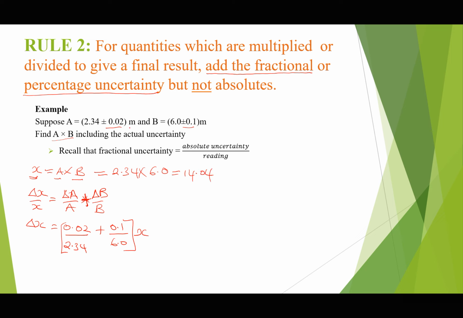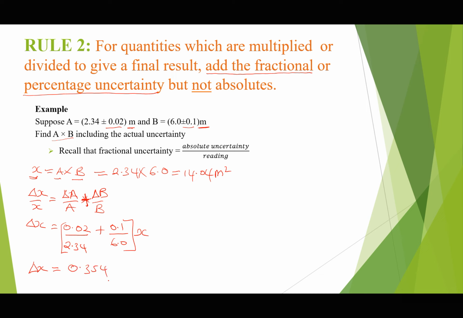Since a has been quoted in meters and b has been quoted in meters, when I multiply them, the unit will be meters squared. So I have to multiply this bracket by 14.04. When I simplify and multiply by 14.04, this gives me the absolute uncertainty in x to be 0.354.